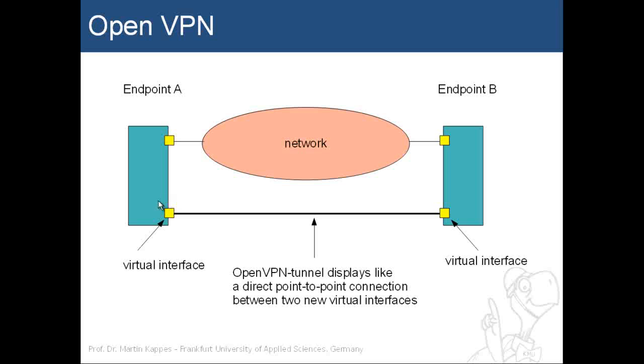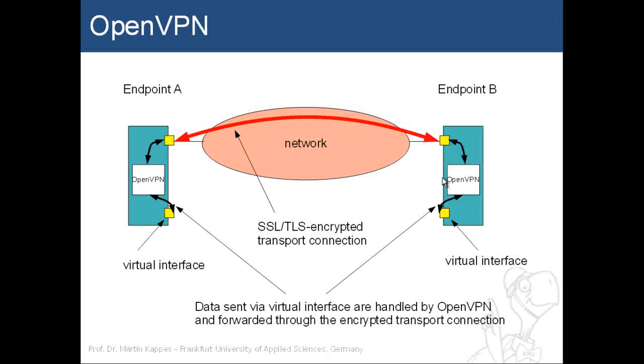What you're going to see is a virtual connection between here and here. And what of course then really happens is if something comes to the virtual connection, it's encrypted and encapsulated and then actually sent through the real interface through the network to here, where again OpenVPN takes it and sends it to the virtual interface. So you remember this depiction from a couple of minutes ago, and now we're going to see how this actually works in practice.